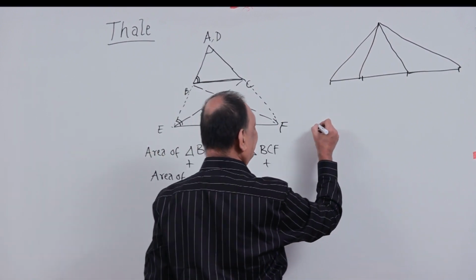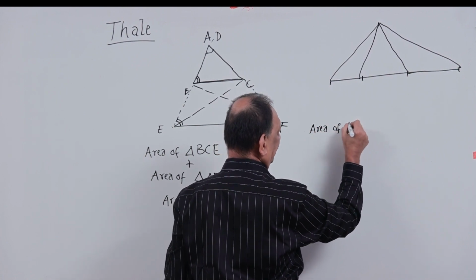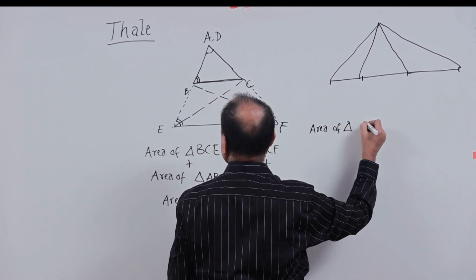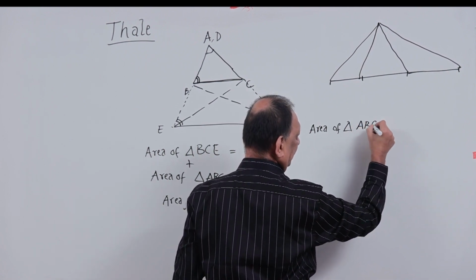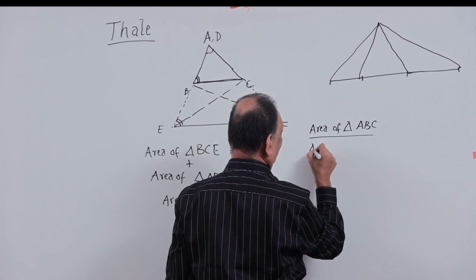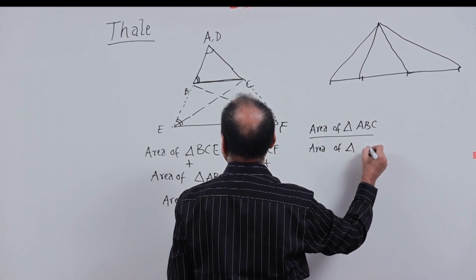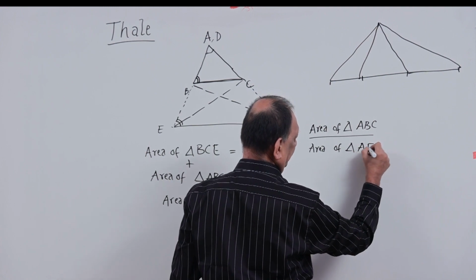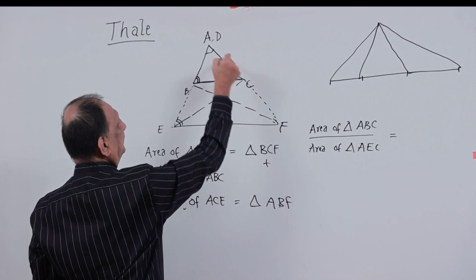So now I compare triangle ABC with AEC. So area of triangle ABC divided by area of triangle AEC. ABC and AEC.